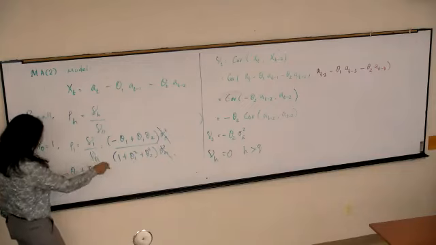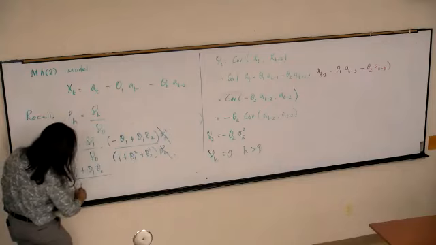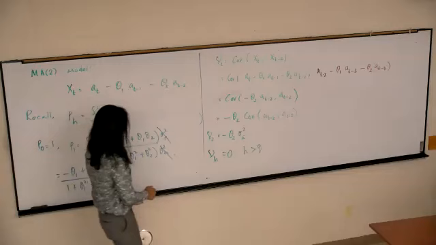So rho 1 is negative theta 1 plus theta 1 theta 2 divided by 1 plus theta 1 squared plus theta 2 squared.